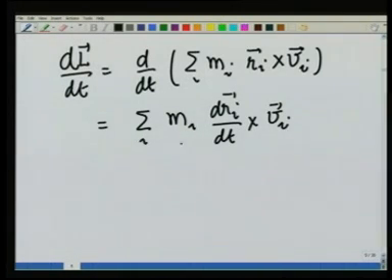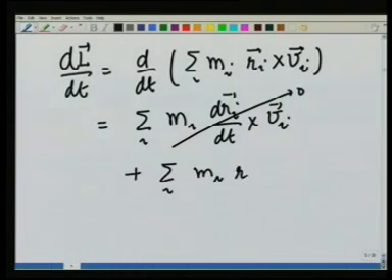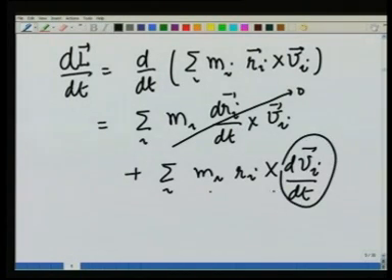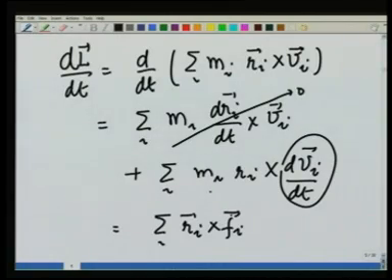This being the velocity, this cross product is 0, plus summation over i of m_i r_i cross dv_i/dt. m_i times this acceleration dv_i/dt is nothing but the force on the ith particle. So this gives me summation over i of r_i cross F_i, where F_i is the total force on the ith particle, that is the force including the external force plus the force due to other particles.